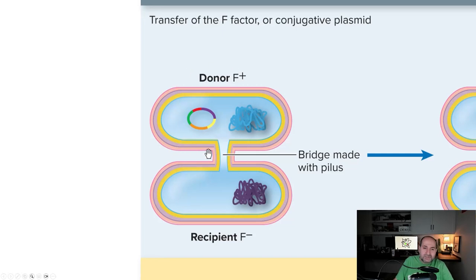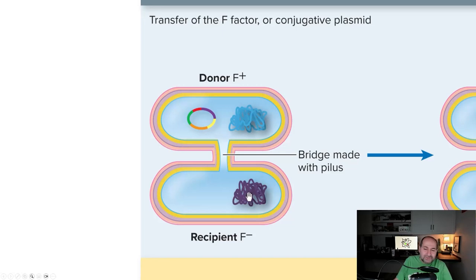For transfer of the F factor, here is the scenario. Here is the donor bacterium on the top, and here's the recipient at the bottom. The squiggly blue and purple lines here represent the genome of the bacterium. Remember that bacteria have a single circularized DNA in the form of a nucleoid. Here is the nucleoid of the donor bacterium.